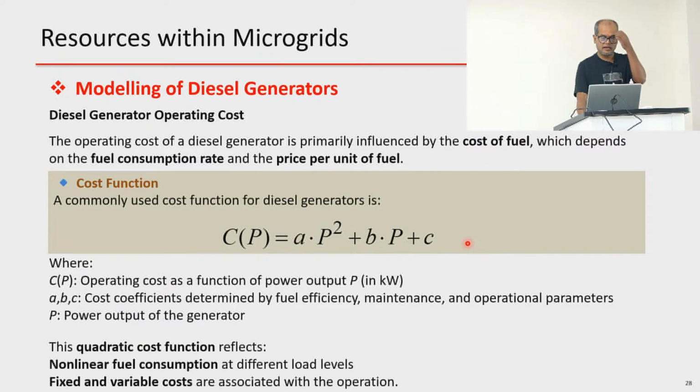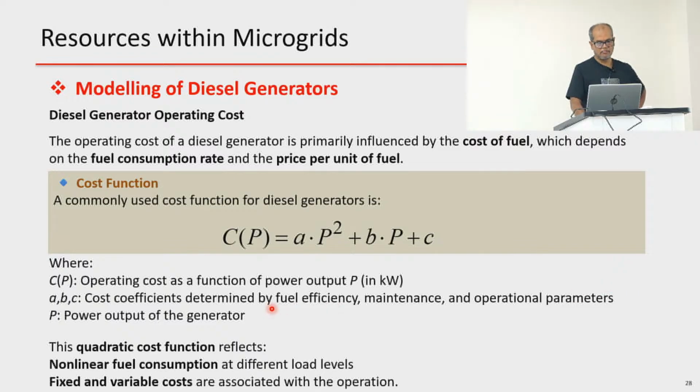So how the fuel is actually used in the diesel generator can be determined by this cost function, where P is the power and a, b, c are the cost coefficients that determine the fuel efficiency, maintenance, and other operational parameters like output of the generators.